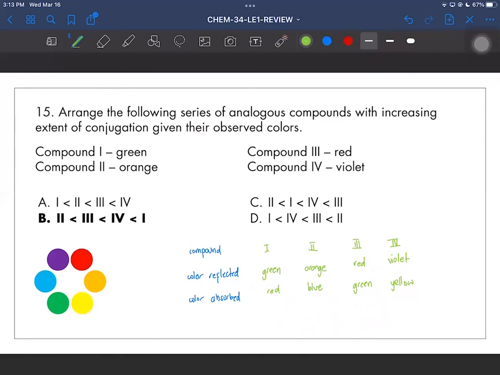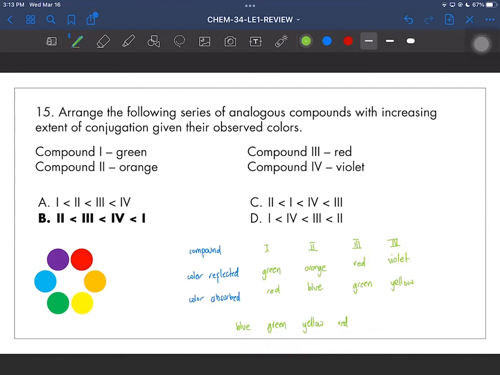So if we arrange that accordingly, the least conjugated would be the one that absorbs blue light. Next would be the one that absorbs green light. Then the one that absorbs yellow. And lastly, the one that absorbs red, as we go to longer wavelengths. Let's assign the compounds accordingly.